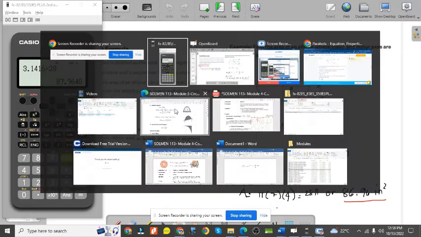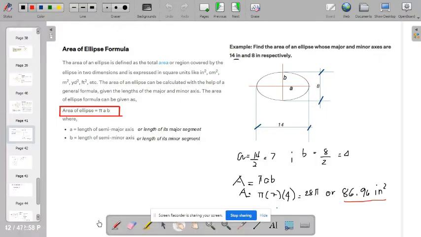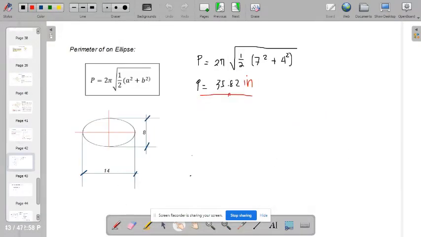All right, so next we have the perimeter of an ellipse. The perimeter of an ellipse is equal to 2 pi times the square root of one half times a squared plus b squared. So wherein a is equal to 7, b is equal to 2.